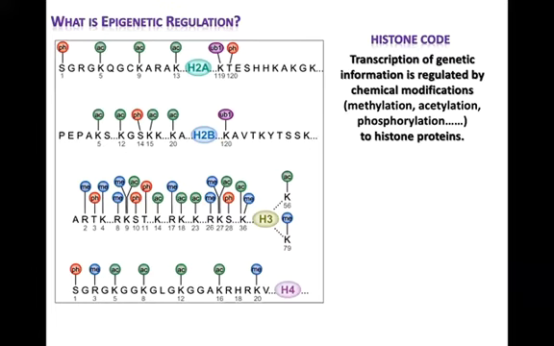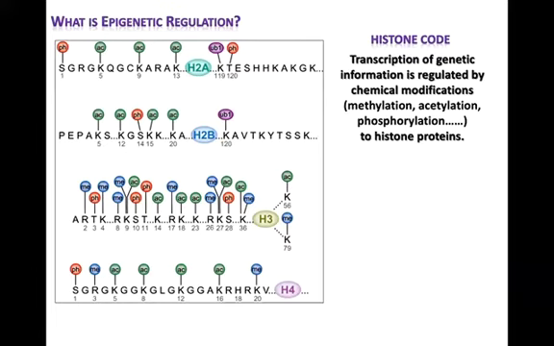That's why scientists use an expression called the histone code. If you manage to solve this code, you can know when and where on the DNA to open a certain gene for expression, or close another one.